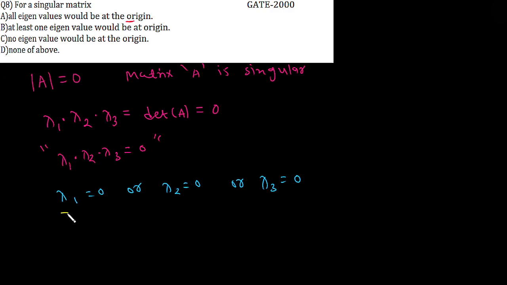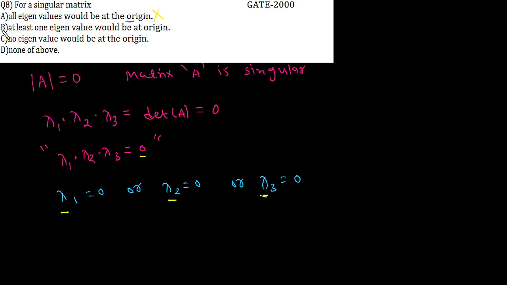If any one of these numbers is 0, we still get the product as 0. But option A says all values are 0 at the same time. It may be, but it is not always the case, so option A is wrong.